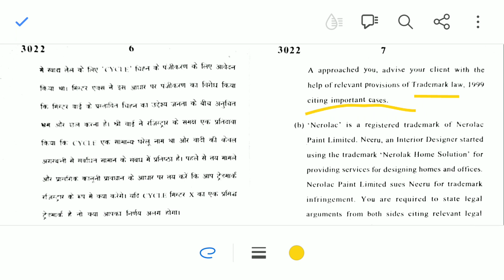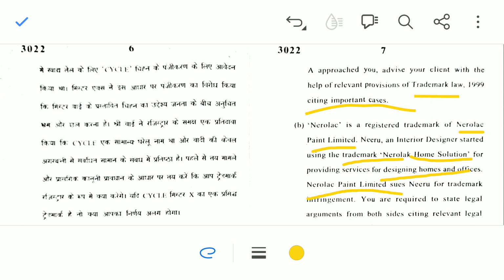Nerolac is a registered trademark of Nerolac Paint Limited. Niru, an interior designer, started using the trademark Nerolac Home Solution for providing the service of designing homes and offices.